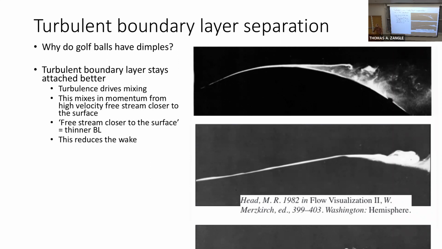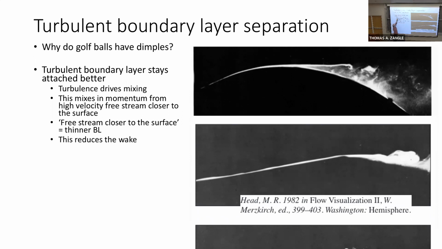But the answer is that the turbulent boundary layer stays attached better. So we alluded to this on a previous slide in terms of the shape factor. Turbulent boundary layers have a smaller shape factor than a laminar boundary layer. A smaller shape factor indicates that they are less likely to separate. That's not really that satisfying.